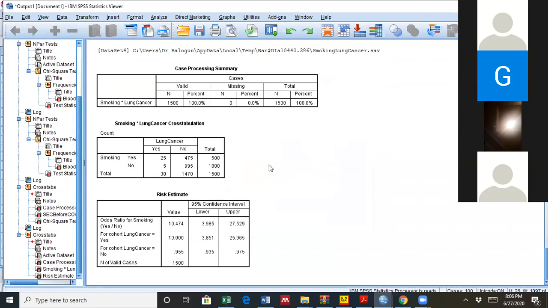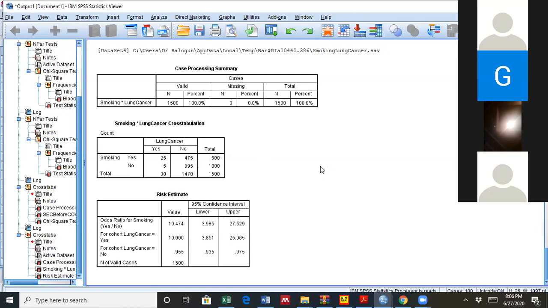What it just did is put 25 divided by 500, then everything divided by 5 divided by 1,000. So you calculate the risk among the smokers, which is 25 divided by 500, and the risk among the non-smokers, 5 divided by 1,000. You now divide the first one by the last one.